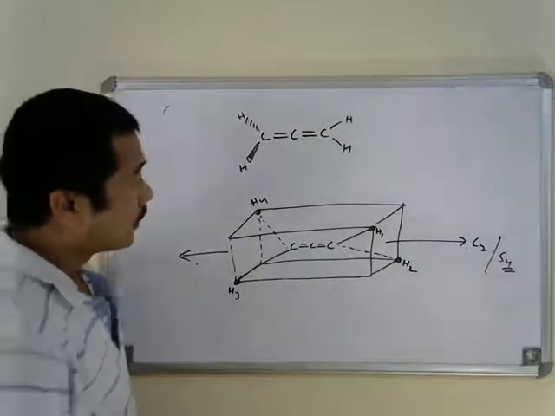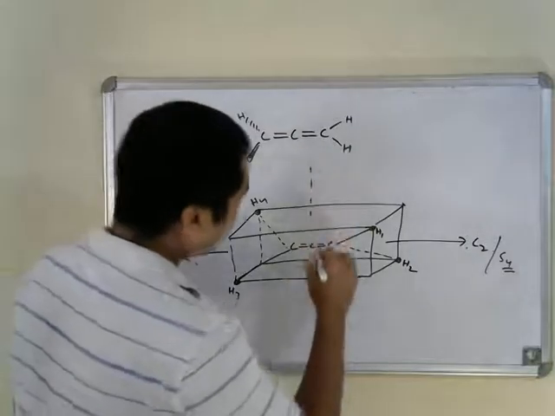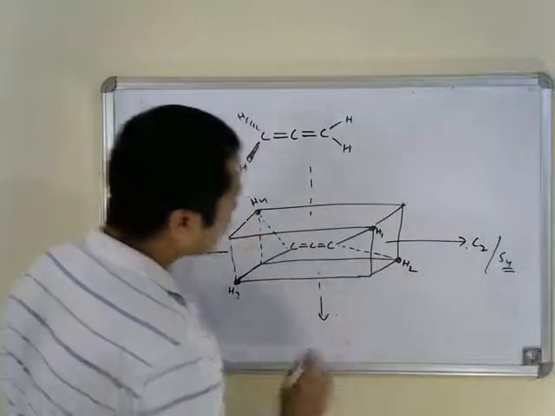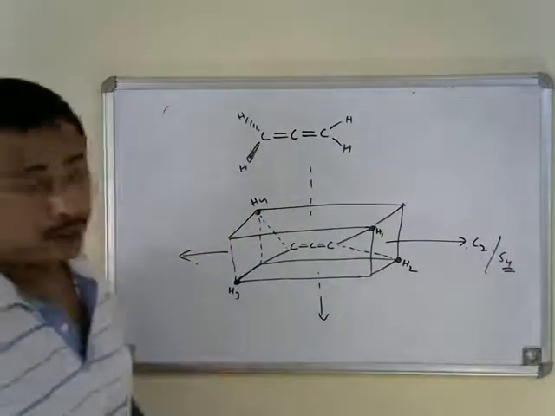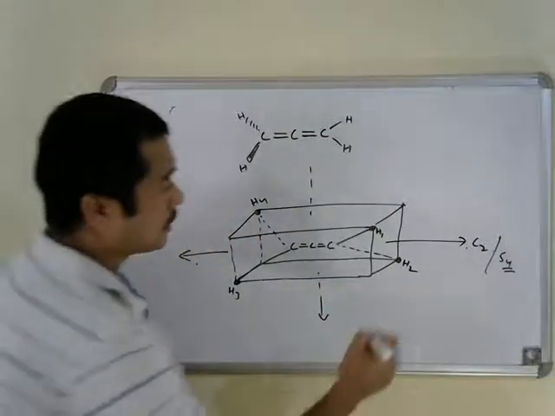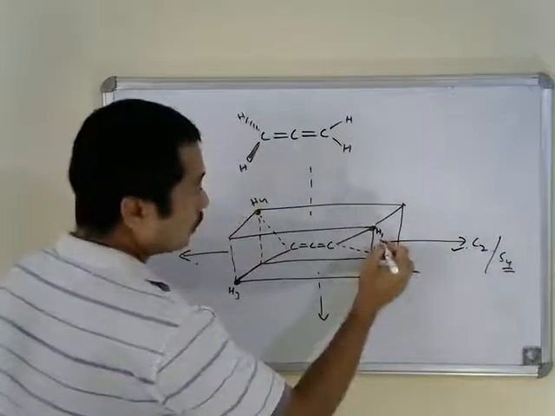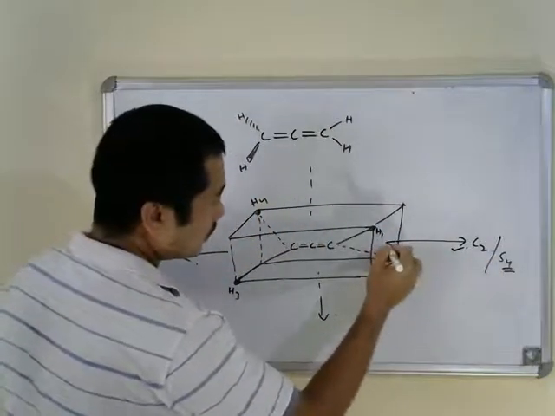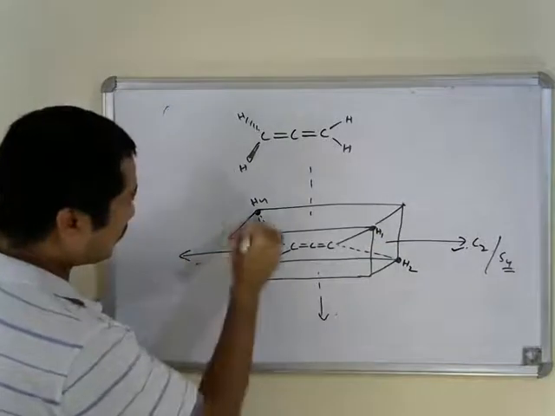So like the way we have done in the case of the tetrahedron, in this case as well there are three C2 axes of symmetry. One C2 axis of symmetry goes through the center of this face and goes out through the center of the opposite face.